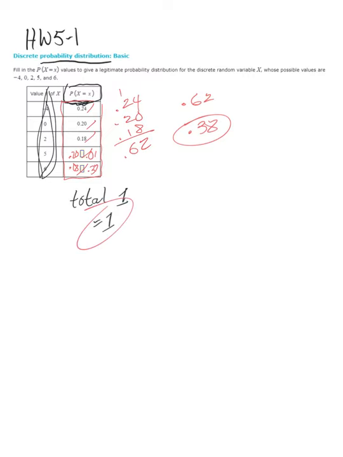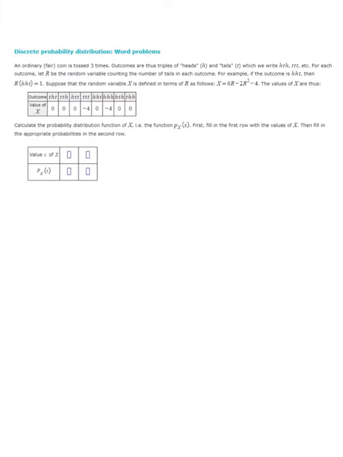All right, let's look at the next one. The wording on this is really, really bad in my opinion. But the main thing to recognize is there are two values of x. X could either be a 0 or a -4. Those are the only two possibilities, okay?